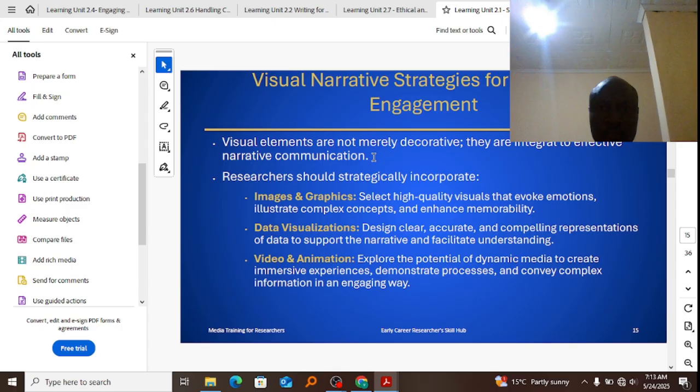So it is just making it more engaging, more appealing, more attractive, so that you can engage the audience. You don't make it boring. The narrative strategies will help you to engage the audience to the end.